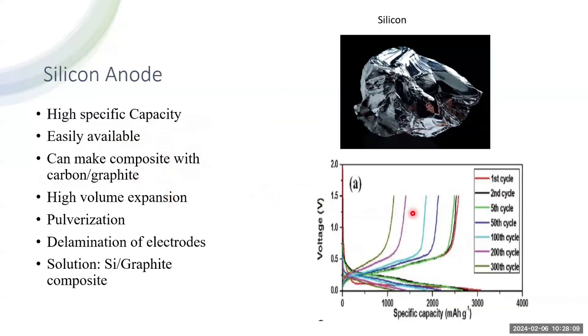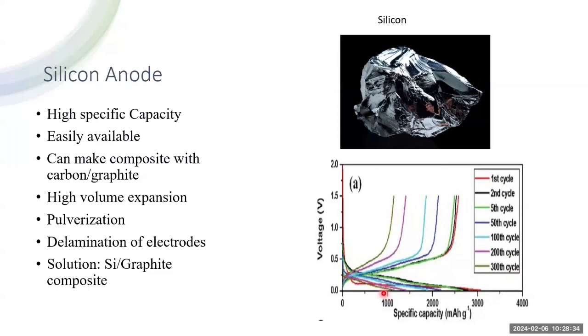But if you cycle it, at the beginning you get very good capacity, 3000, even more. But as you continue cycling, the capacity starts decreasing. Previously it was 2000 milliamp hour per gram, but after 300 cycles, you have just 1000 milliamp hour per gram.